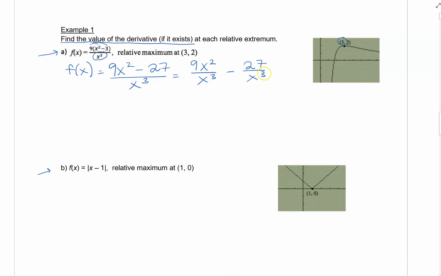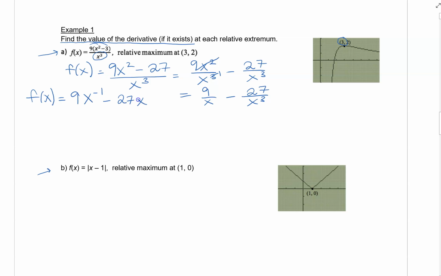I can think of this as 2 separate power rules. I can cancel out those x's, by the way. So I get 9 over x minus 27 over x cubed. So then that can equal 9 times x to the negative 1 power minus 27 times x to the negative 3rd power.